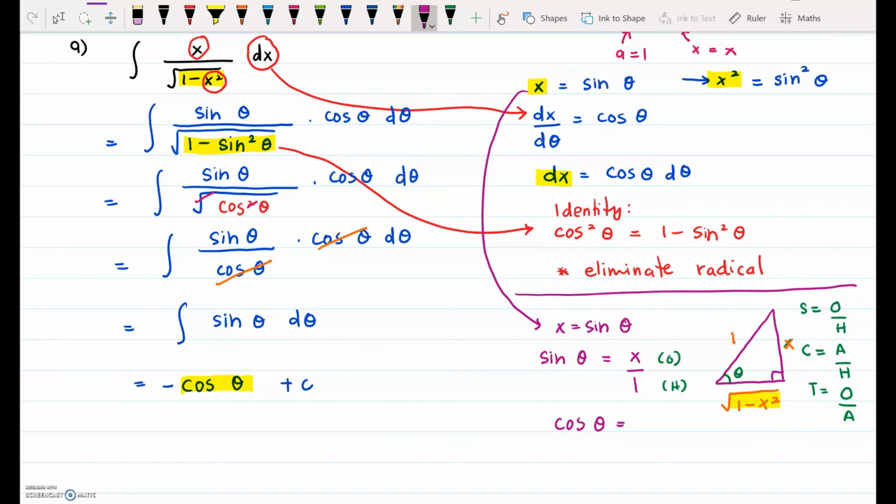Your adjacent is the square root of 1 minus x squared, divided by your hypotenuse, which is 1. So now your final answer is negative the square root of 1 minus x squared plus c. So this is your final answer. Okay class, thank you.